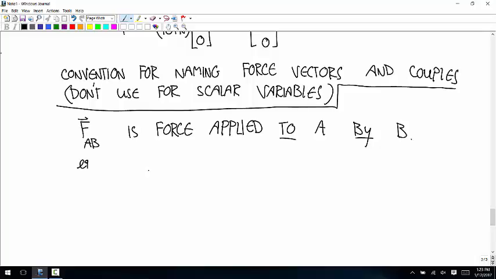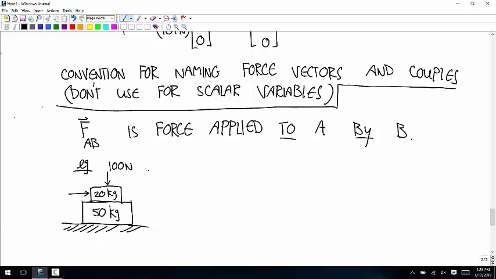Let me show an example using this. So let's say we have two boxes resting on the floor on top of each other like this. Say the top one is 20 kilograms and the bottom one is 50 kilograms. And let's say there's a downward force of 100 newtons applied to the top one. And a horizontal force also applied to the top one of 50 newtons.